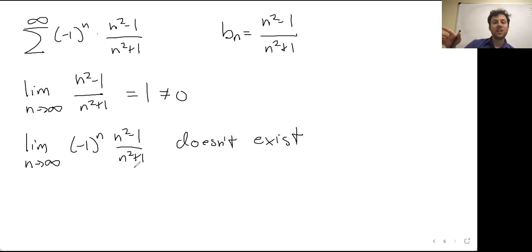And so half of it is going to 1, half is going to -1, and you can't converge and be going different places. If you converge, you're going to one place. So this doesn't exist.